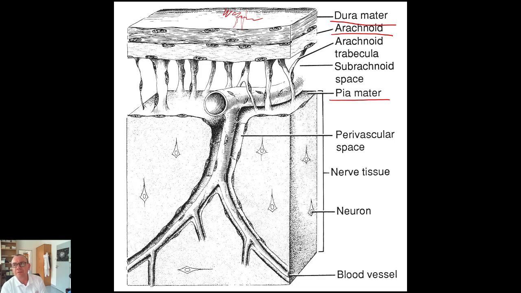So you will see dura mater in the specimen of the spinal cord, but you will not see it on the surface of our brain specimens, because it is connected with the bone, with the periosteum, and so it's preserved in the skull during dissection.